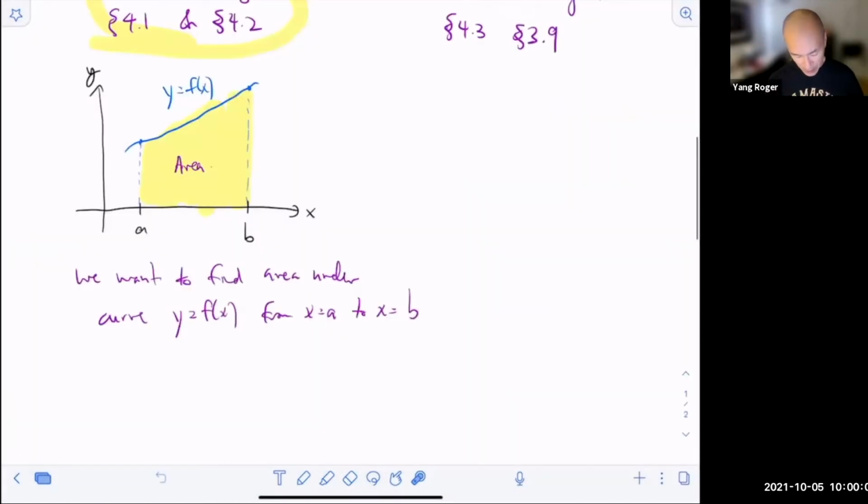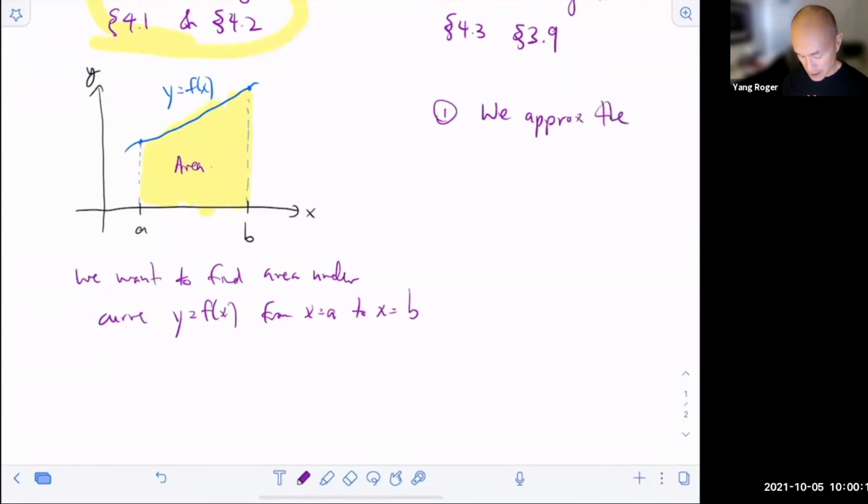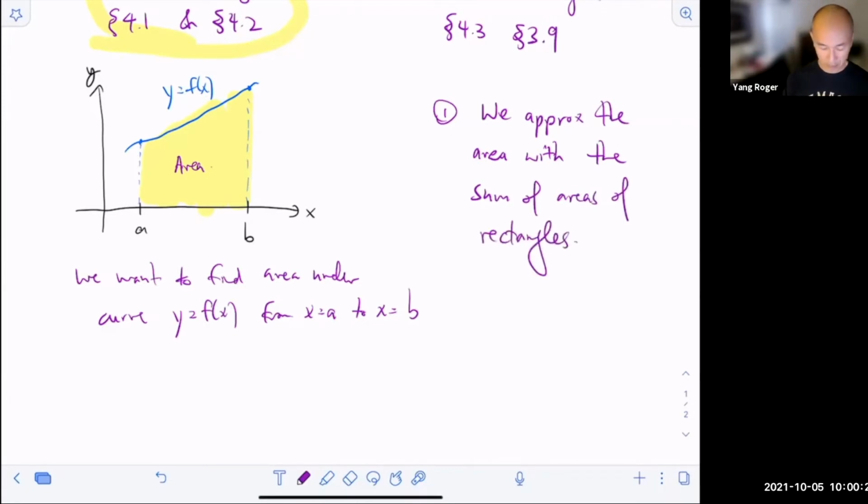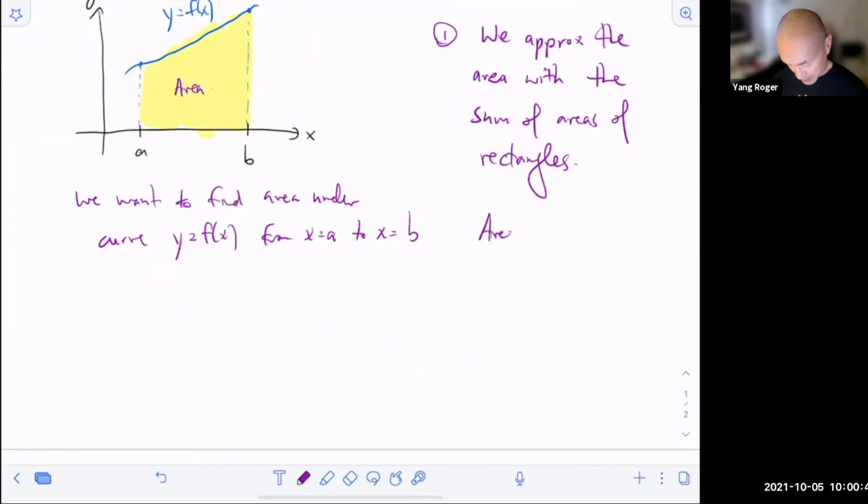So the first thing that we do is we approximate the area with the sum of areas of rectangles. Okay. So in order to do this, we really need to understand how to calculate the area of a rectangle.